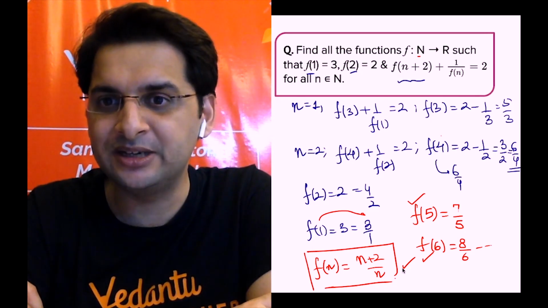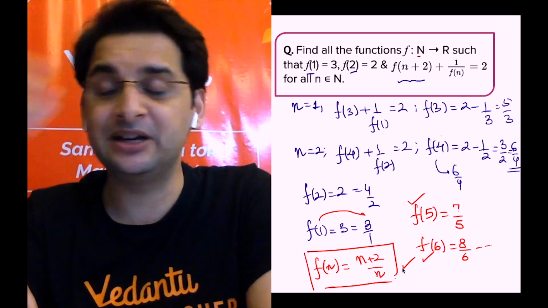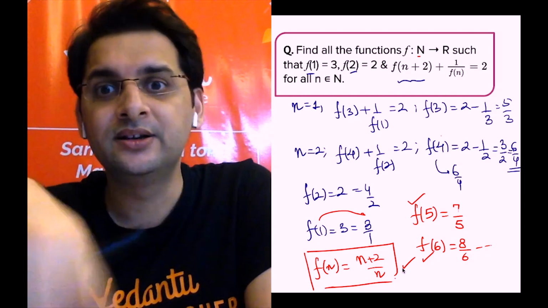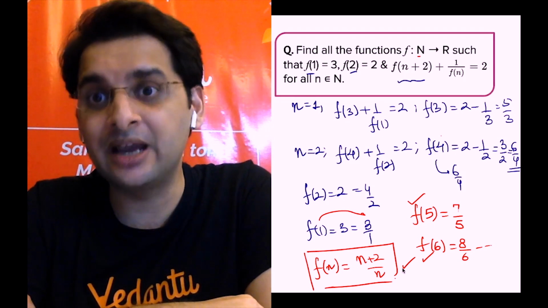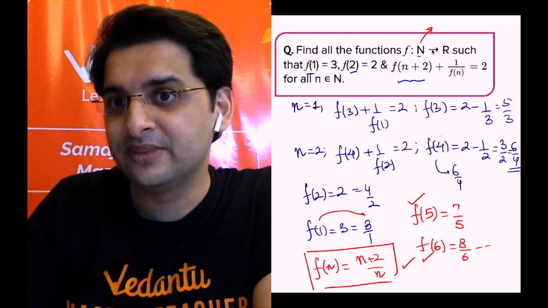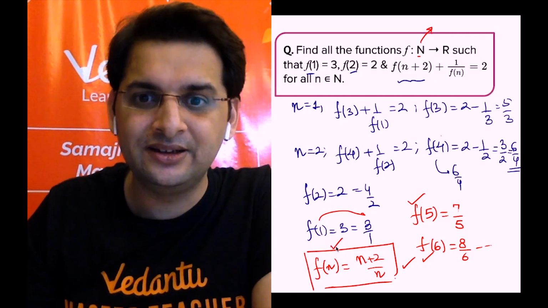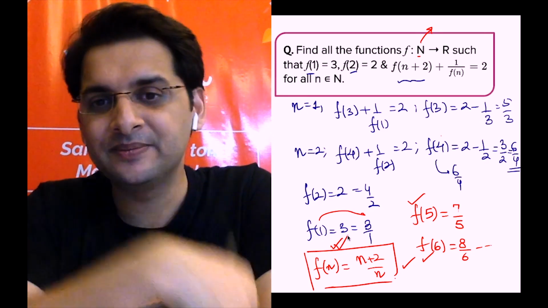Because it may be true for f(1) or 2 or 3 or 4 or 5 or 6, but it may not be true for, let's say, f(100). I will have to find all the values, but I can't do so because n is a natural number, which is an infinite set. So I can't prove this function for all natural numbers this way.